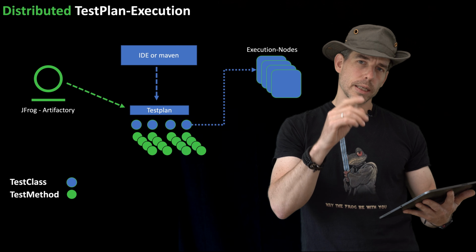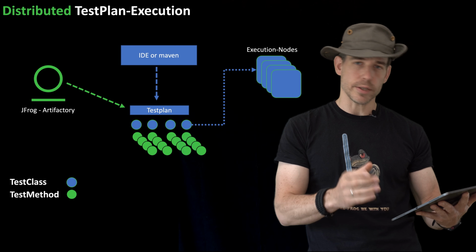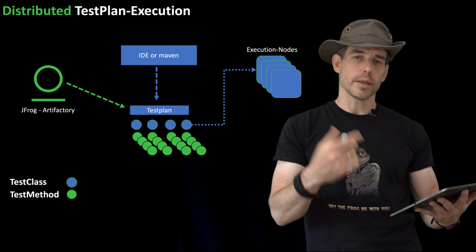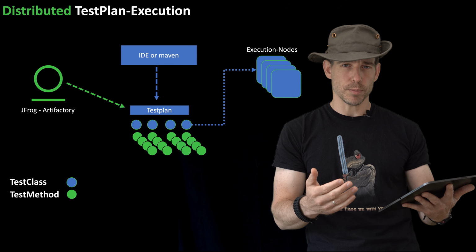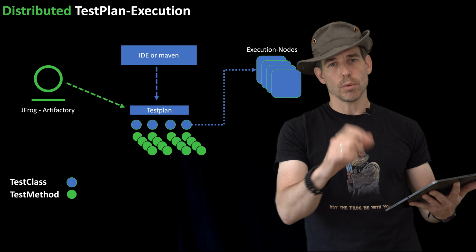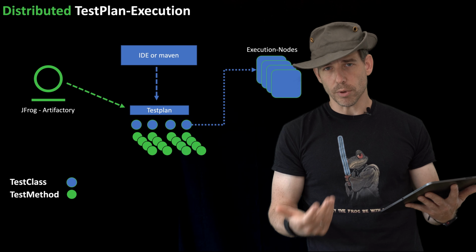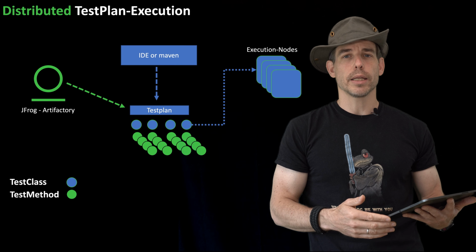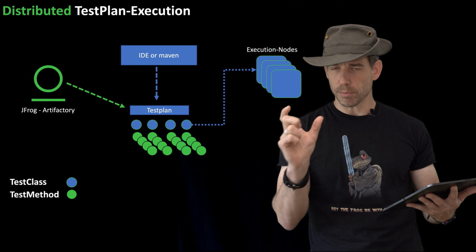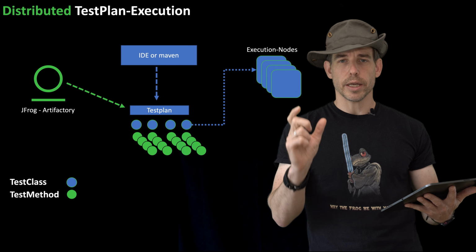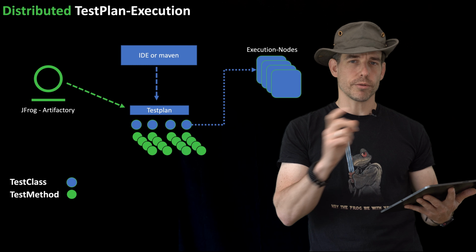And then let's assume I'm using a test class as a container and a test method for the test itself. Then I would have some split up, like one class will contain multiple tests from 1 up to n. And if I'm using one class, so I have a bunch of test methods, I could distribute this to different nodes.